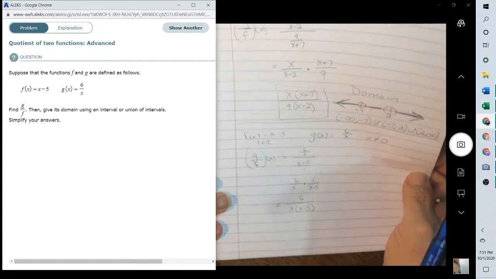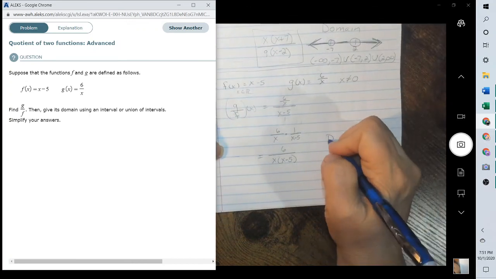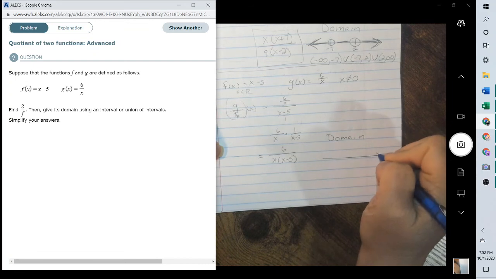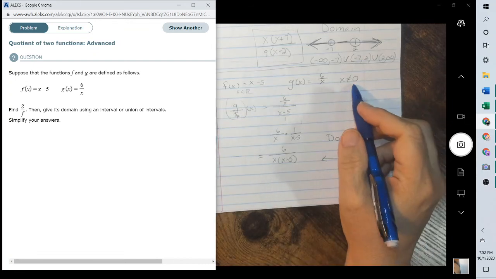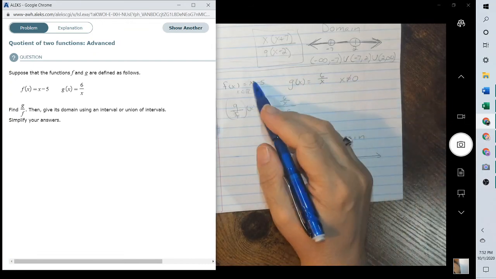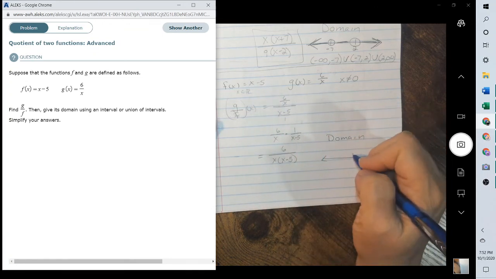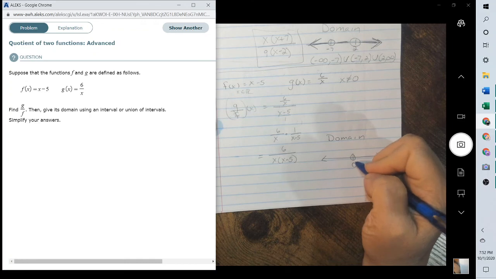For the domain, we know x cannot equal 0 here. This one was all real numbers, so we don't need to worry about it. This one was 0, so we can't have 0.